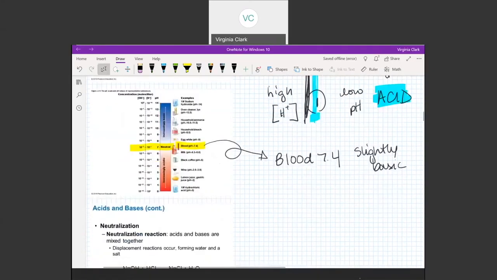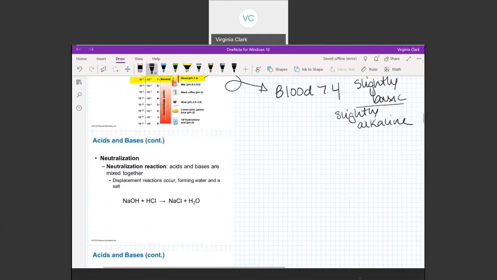So our blood, our body, is going to be slightly basic. You can also call this slightly alkaline. If you've ever heard that term about alkaline water or the pH of your body, that is what it's referring to. But you can see some of the other things in our bodies, or household items or other pieces, and what those pHs are.